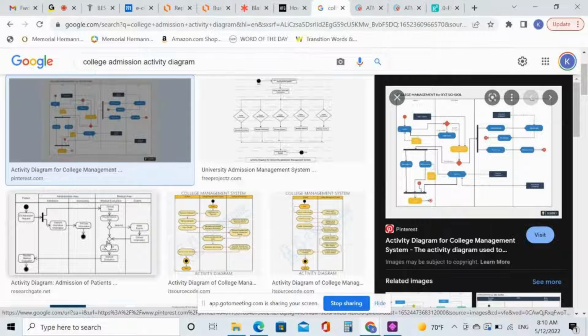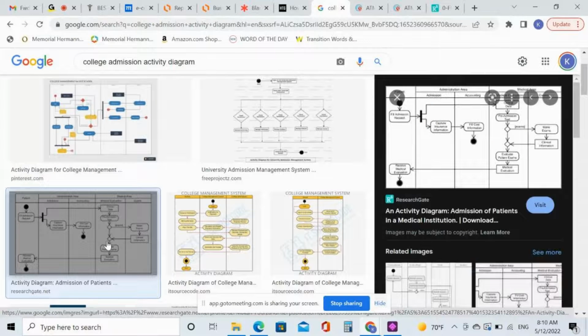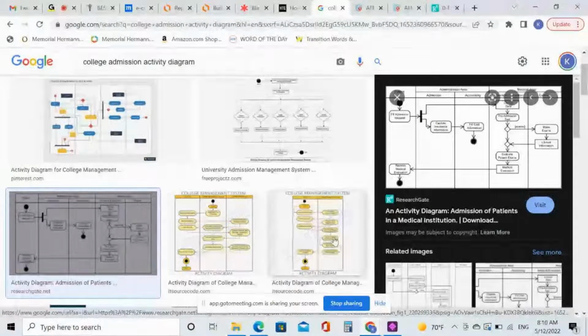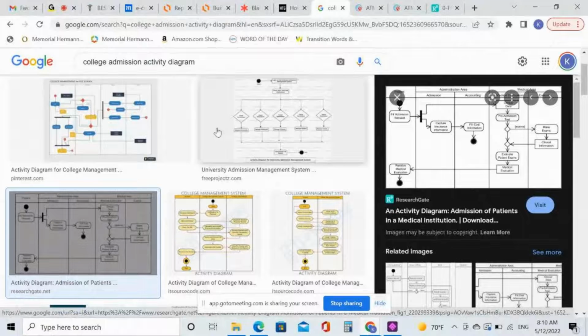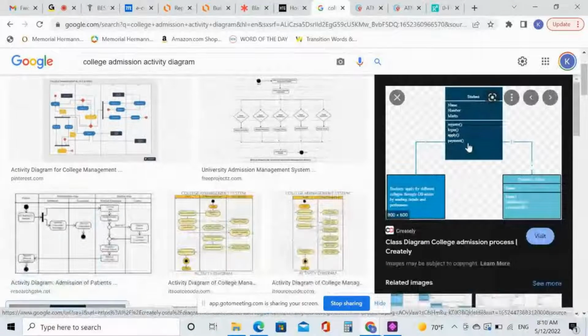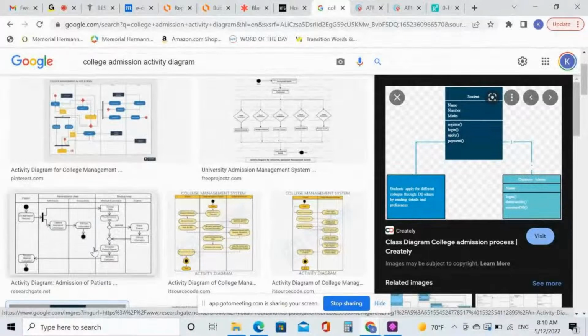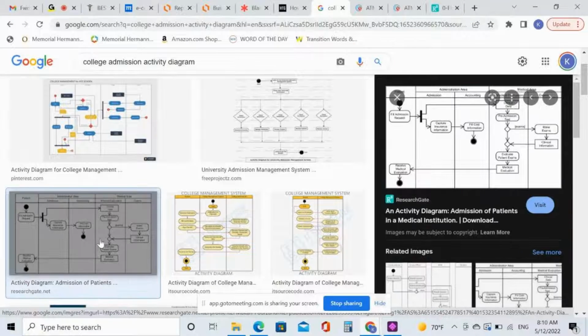Which image should I go on? Just search for a better looking one. Yeah, college management system, that looks fine. Open it and zoom in so that everybody can see. Is this one right? Yeah.